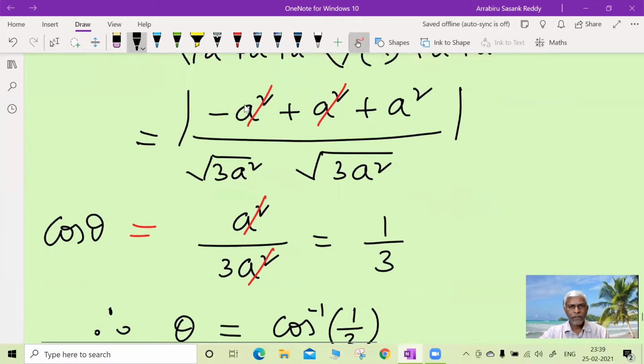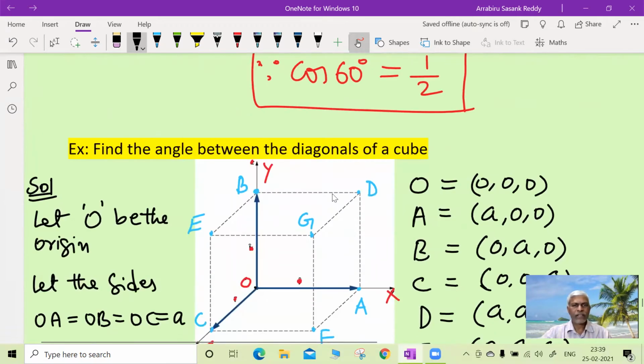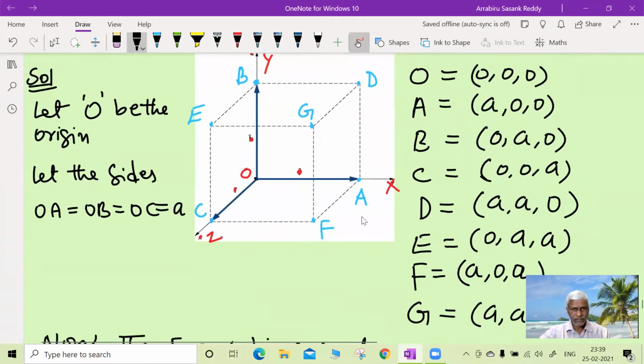So, taking the cube side equal to a, the origin as one of the vertices, and taking A on the x-axis, B on y, C on z.